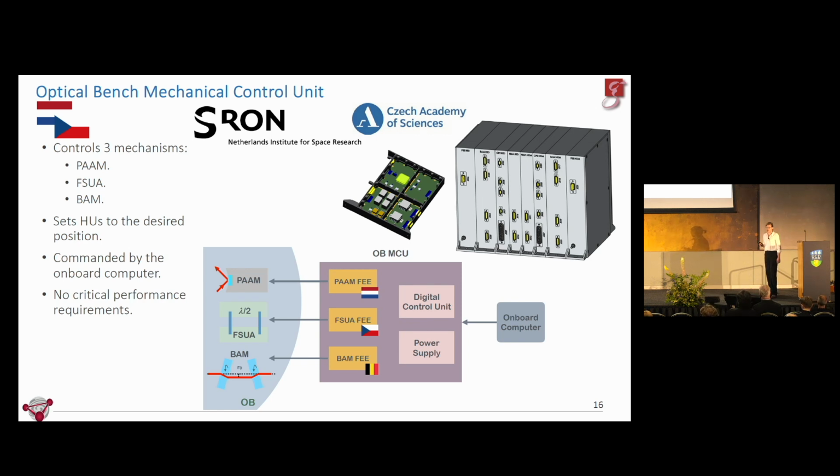It by itself is being commanded by the onboard computer. It consists of the following units. It has a digital control unit and power supply, as well as the front-end electronics for each of the hosted units. The PAM-FE is being developed by the same team from Esron, while the FSUA and BAM-FEs are being developed respectively by Czechia and Belgium, the same teams that are developing the mechanisms themselves.